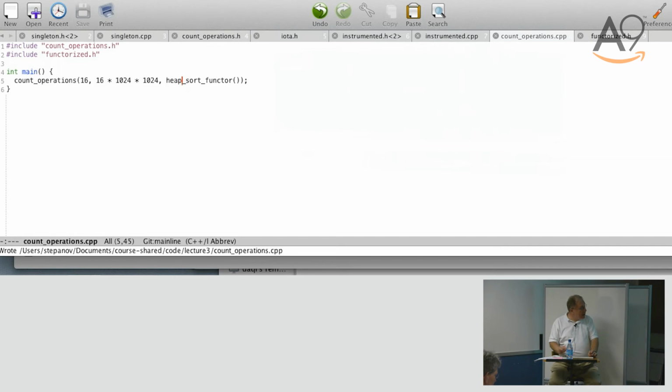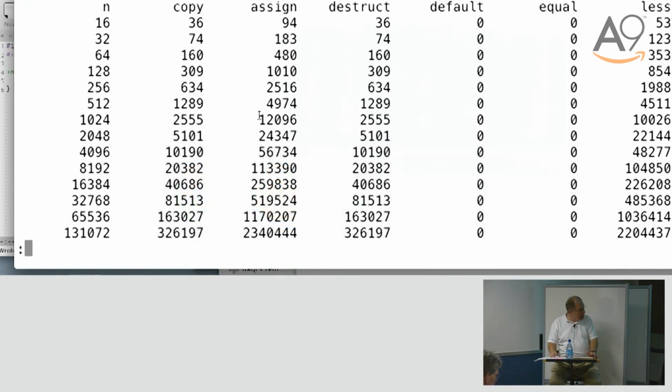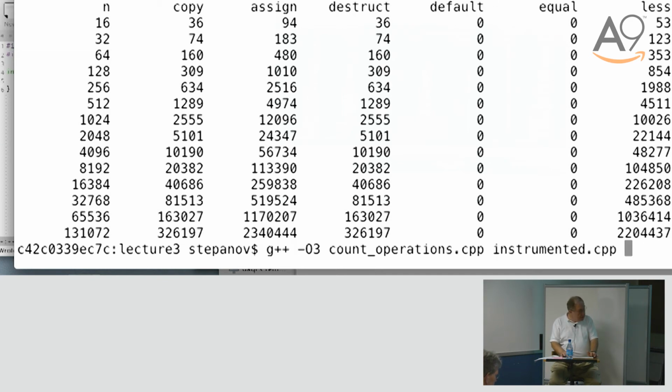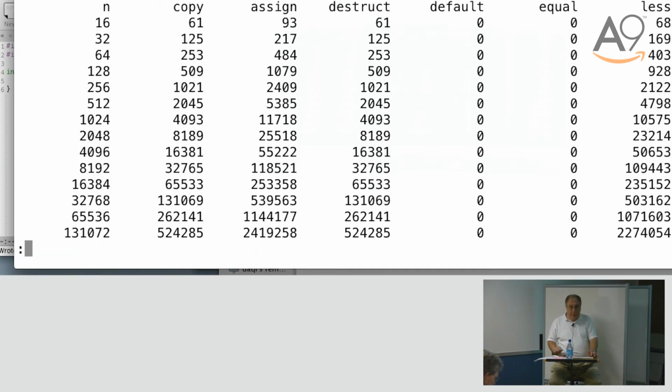Control X, Control S. So we're switching. Now we go to here, and we say Q, okay? Yes. Two.